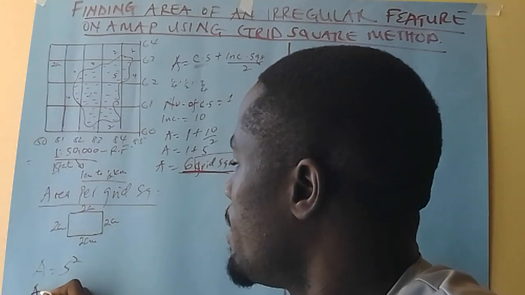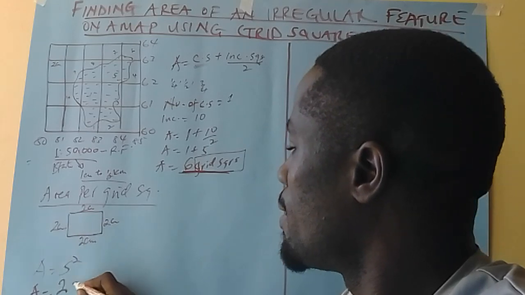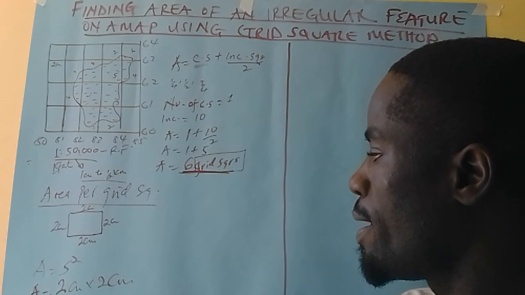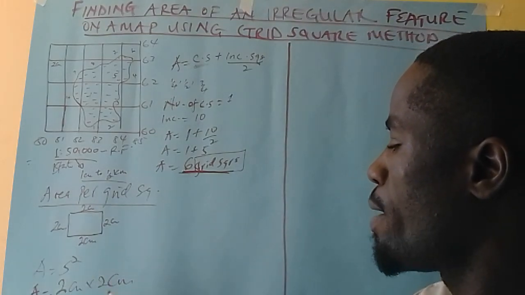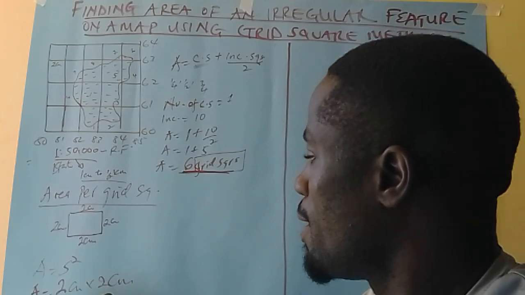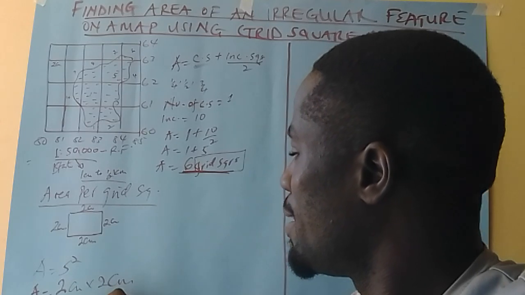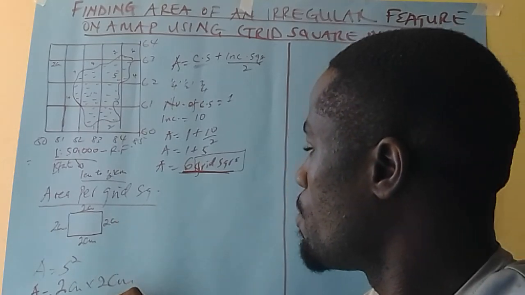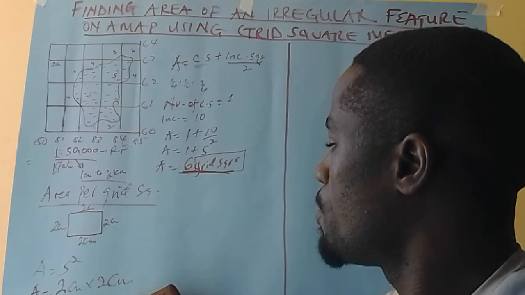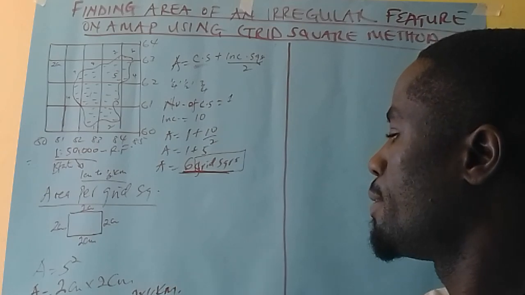So area is going to be 2 centimeters times 2 centimeters. That is S squared, side squared. That means one side is 2 centimeters, another one is 2 centimeters. When you square them, you get this. So our actual area is going to be 2 times half a kilometer, because where there is a centimeter, we put half a kilometer, times 2 times half a kilometer.